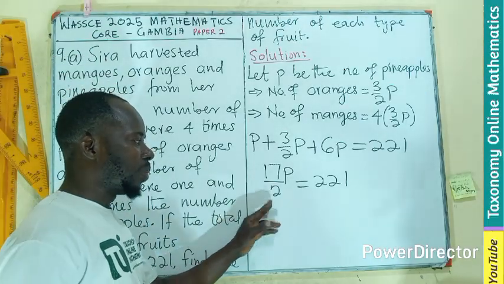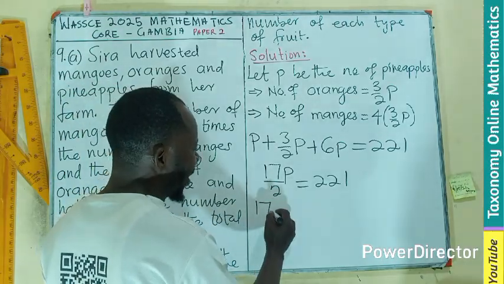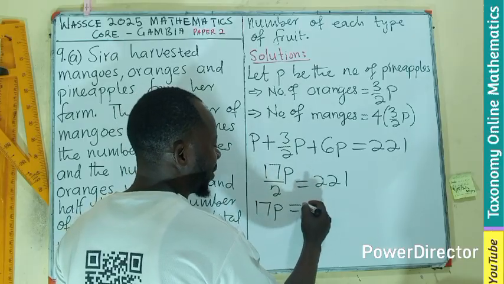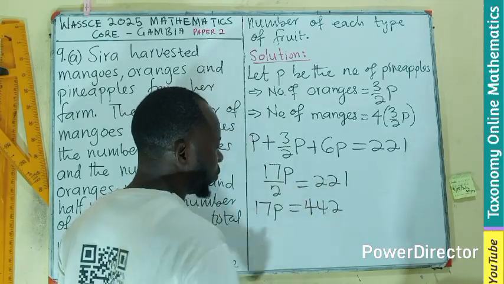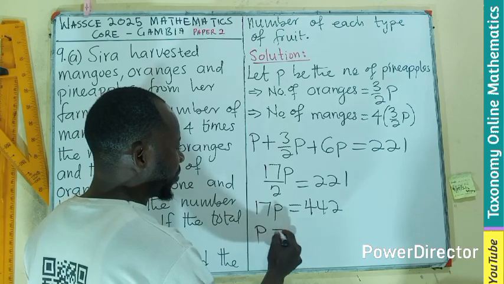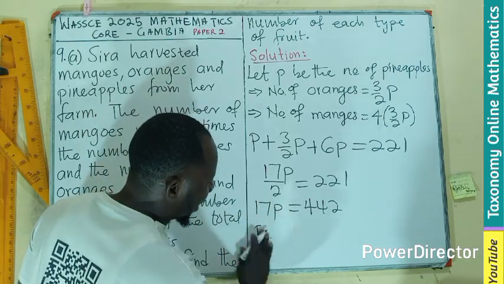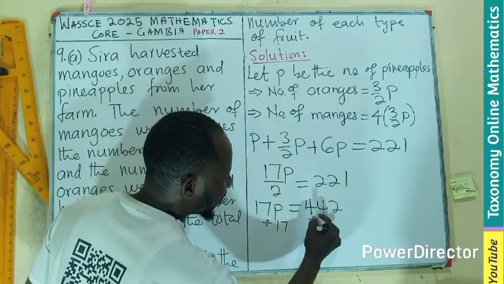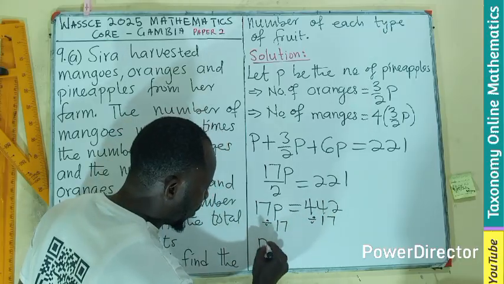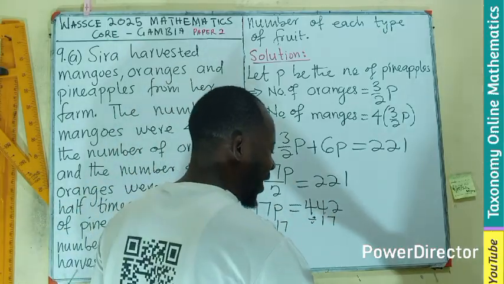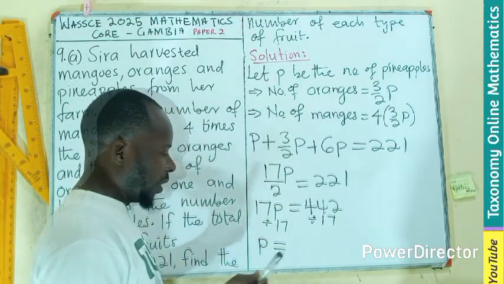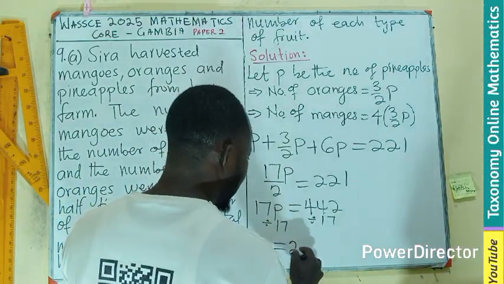So here we multiply through by 2, making 17P equals 2 times 221, that will be 442. Then let's say we are dividing both sides by 17. So P becomes, if you divide that on your calculator, you should be having 26.